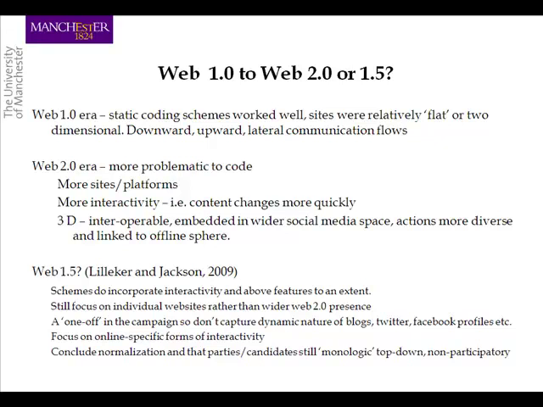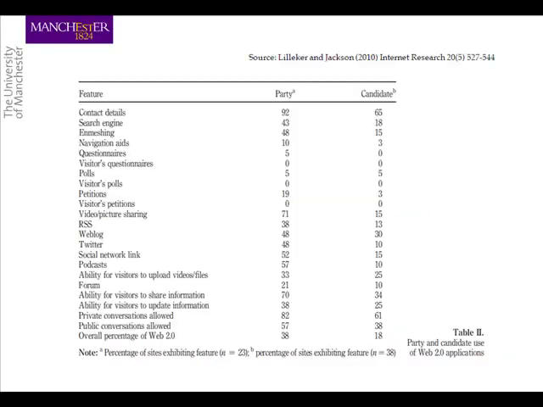Arguably that's not necessarily the case. If you simply look at the websites and whether or not they have a blog, how does that tell you whether they're participatory? I'll show you some examples from Lilliker and Jackson, from a 2010 piece.